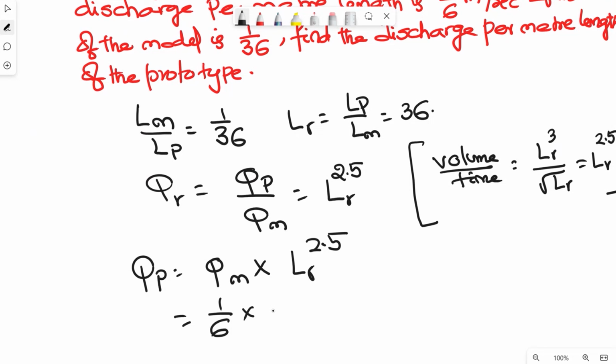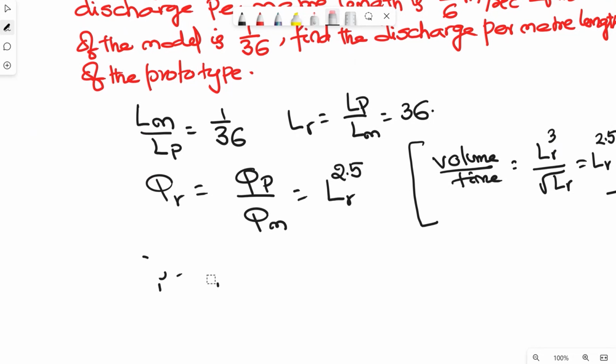This is also right, but here we need to make a small correction.